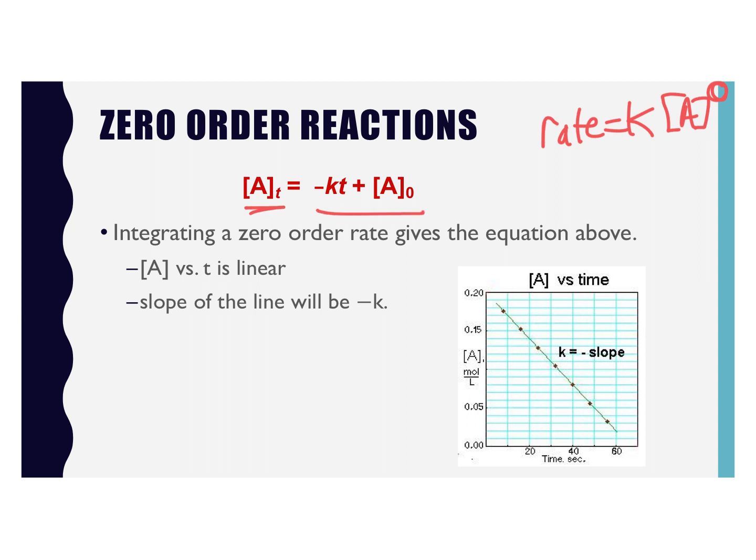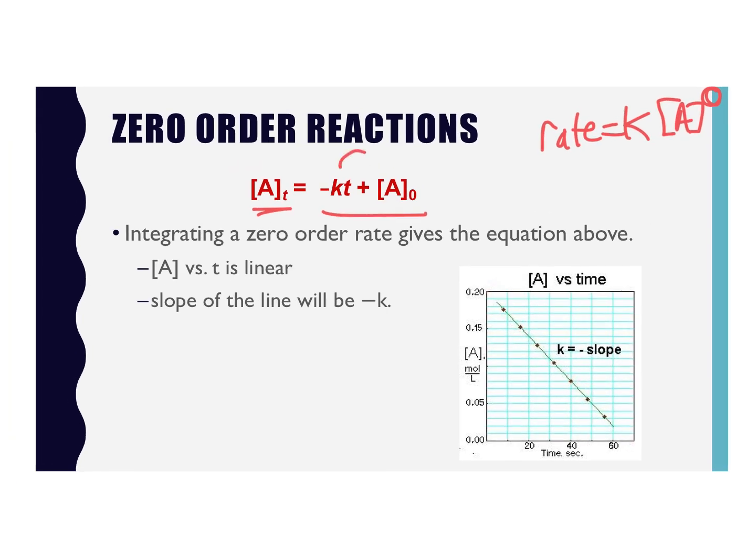So m, the slope of the line, is my negative rate constant, and graphing the concentration of A over t becomes linear. Again, just graphing concentration over time gives me a linear equation, and the rate constant is going to be the negative of the slope of this line.